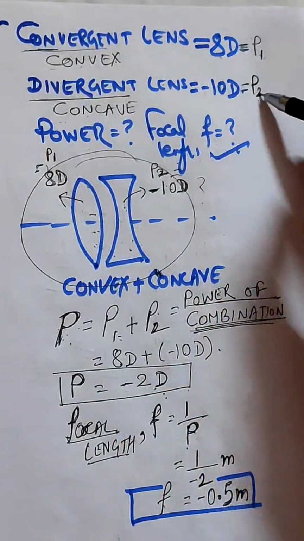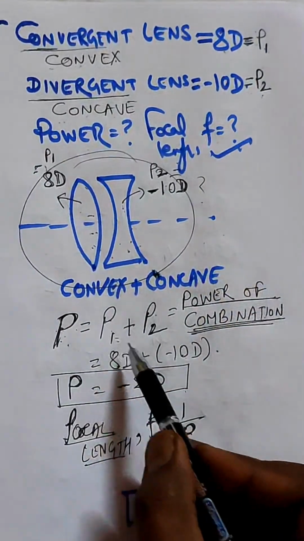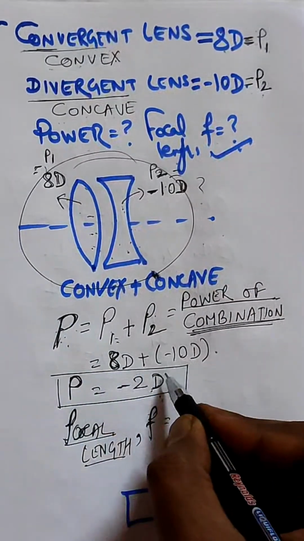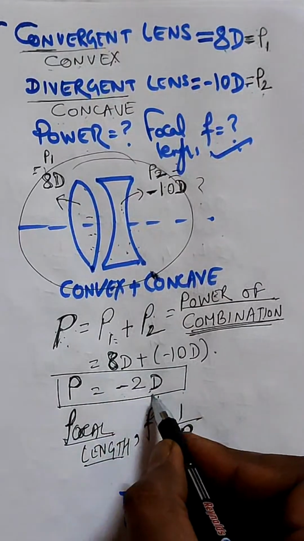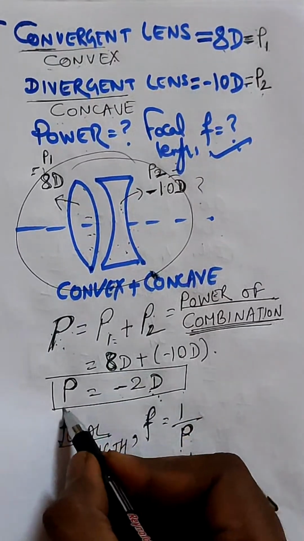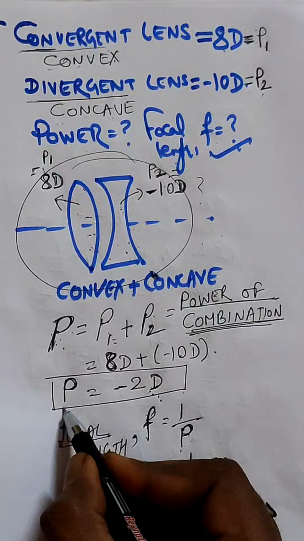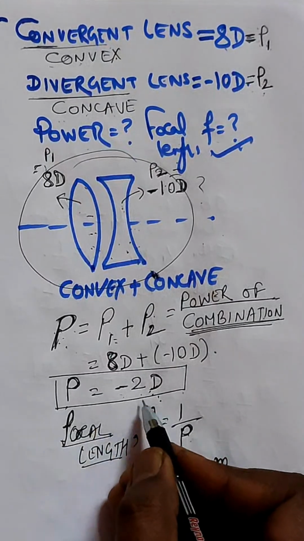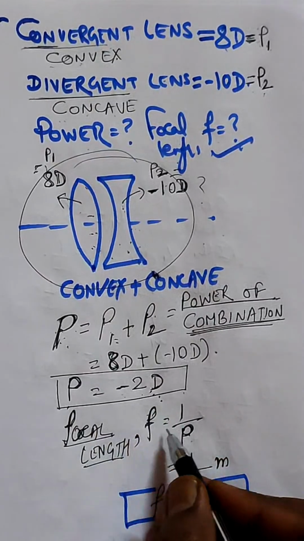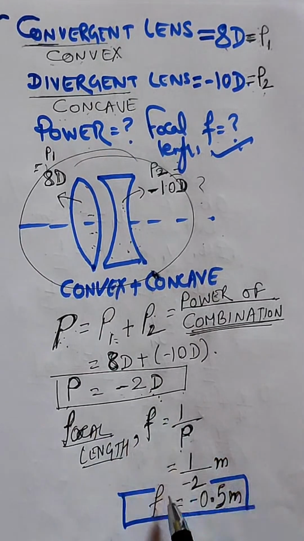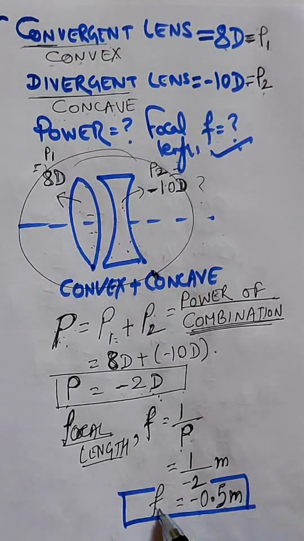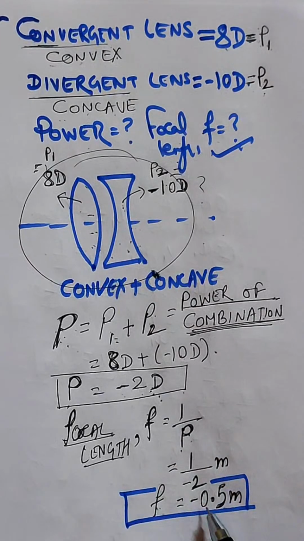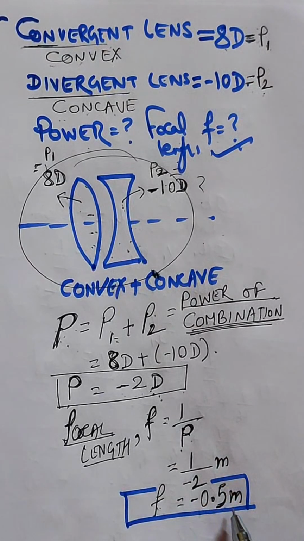This will give you minus 2D. So minus 2D is the power of this combination. And the reverse of that will give you the focal length. The focal length is calculated as 1 by P, which is equal to minus 0.5 meter, right?